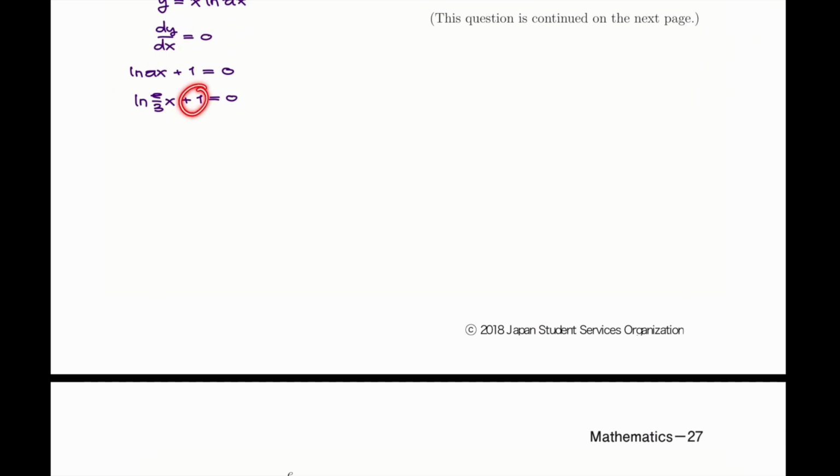How to solve this equation? Simply move 1 to the right hand side. I got ln of e over 3 times x equals negative 1. Same as earlier, if we want to get rid of ln, there is e on the other side.